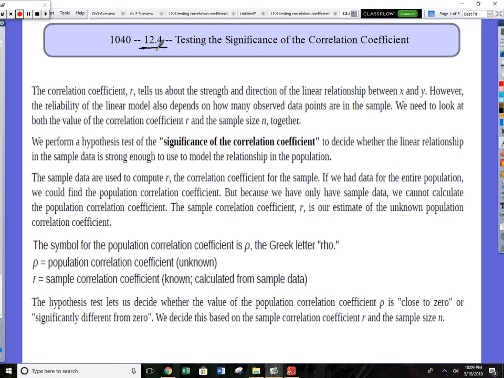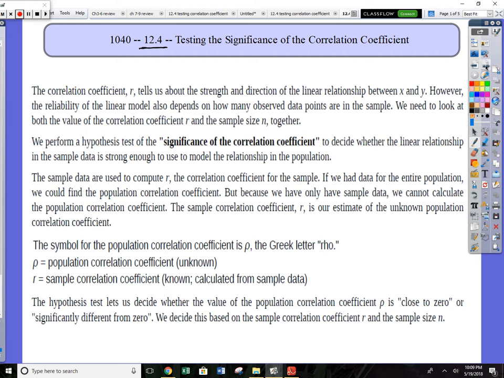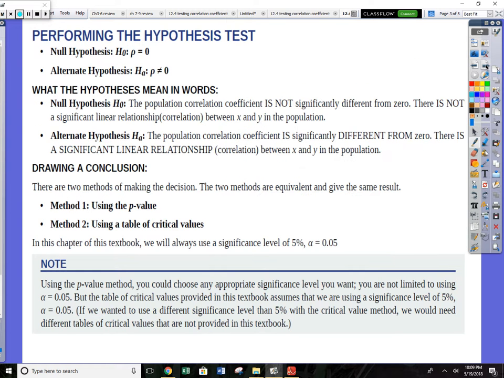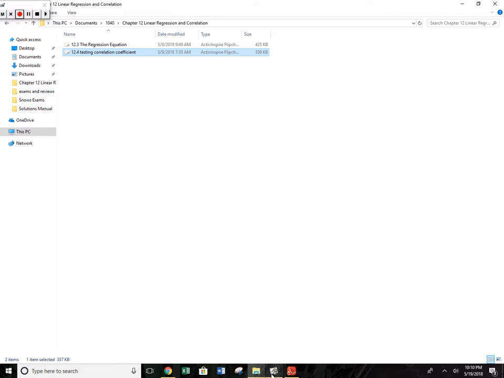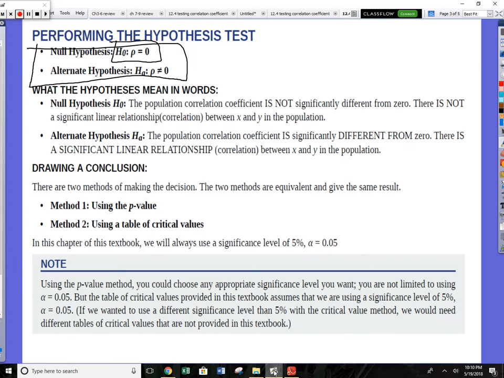Okay, so this is where it was in our 12.4 lesson. Oh, they're just going to call it a population correlation. Okay, so you default saying the null is that there is no relationship. And if you reject it, then that means there is going to be a relationship.